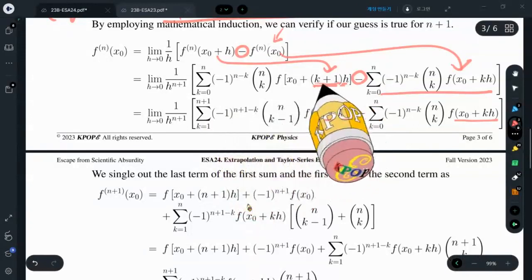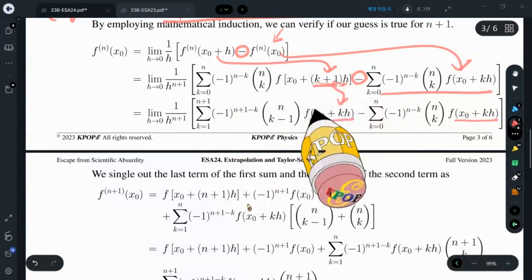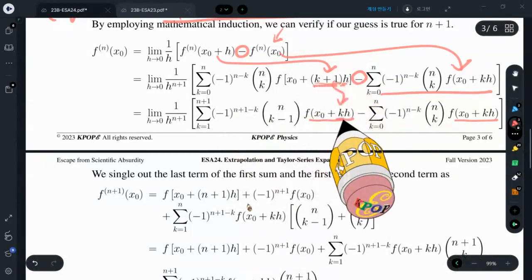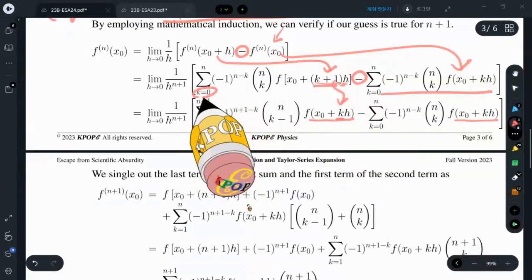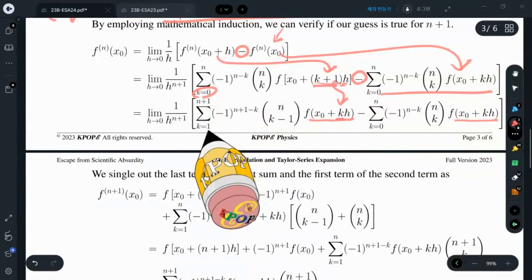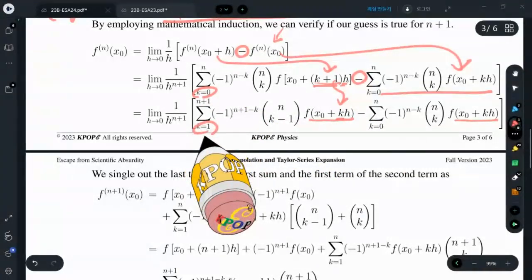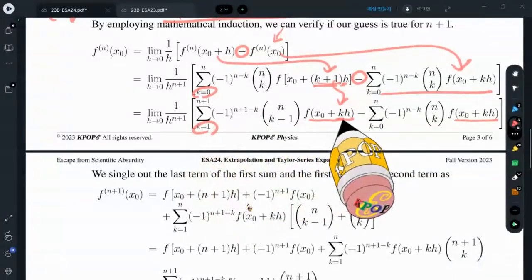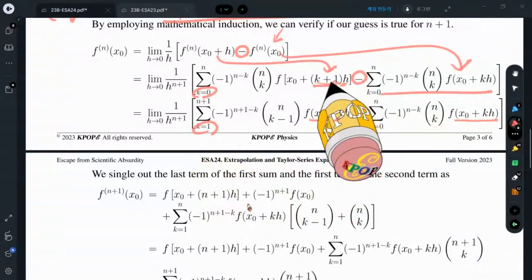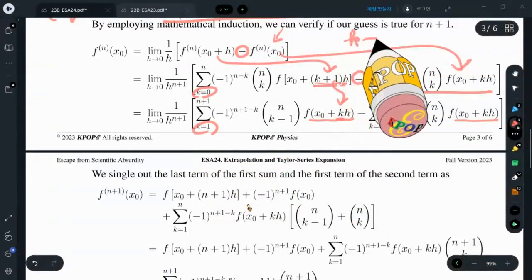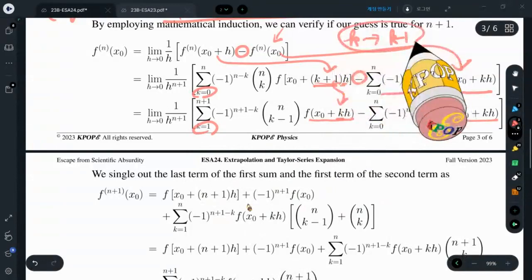So what I have done is replace k plus 1 with k, and let it begin not from 0, but from 1. Because of this, I have effectively replaced k with k minus 1.